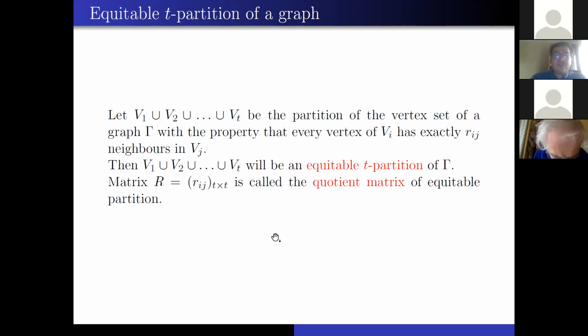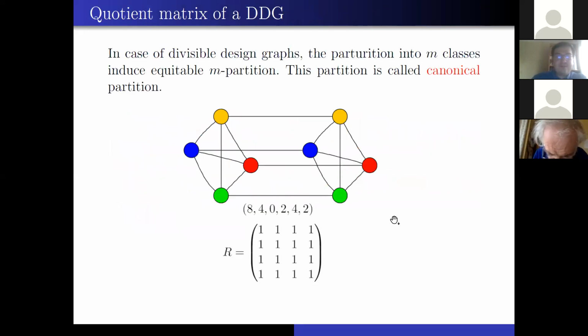Then this partition is called an equitable t-partition of gamma, and the matrix R with all coefficients of the equitable partition is called a quotient matrix of the equitable partition. In case of divisible design graphs, the partition into m classes induces an equitable m-partition. This partition is called the canonical partition, and here is a little example of this partition for a divisible design graph.